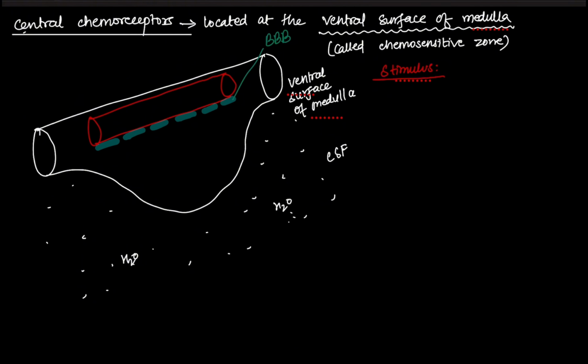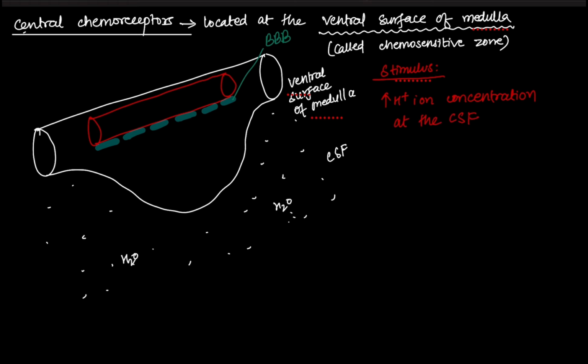But at the central chemoreceptor, there is going to be only one stimulus, and that is the increase in H plus ion concentration. And this increase in H plus ion concentration is not at the level of blood vessels, but at the level of CSF.